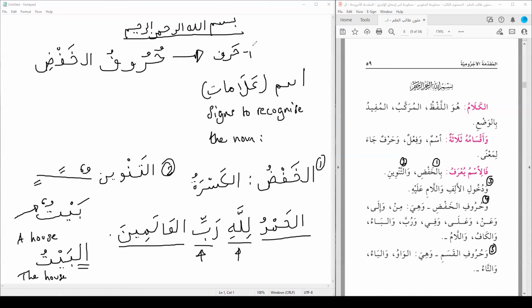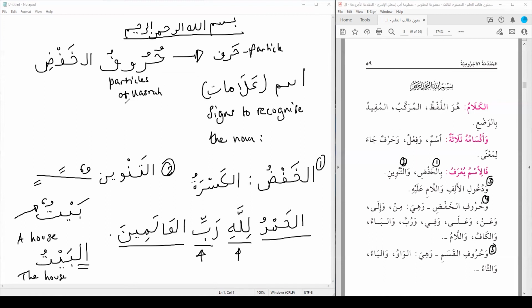Harf means particle, so huruf means particles. Al-khafd means kasra. So huruf al-khafd means particles of kasra.